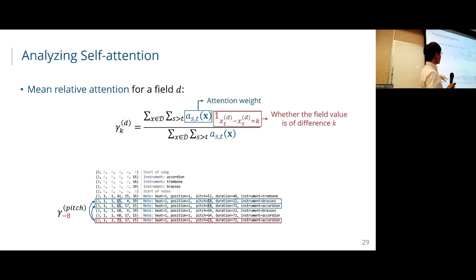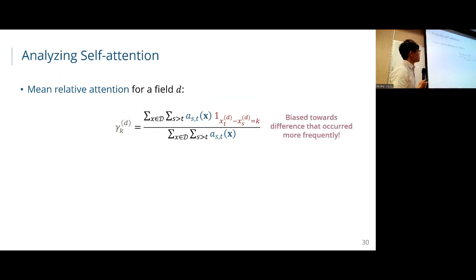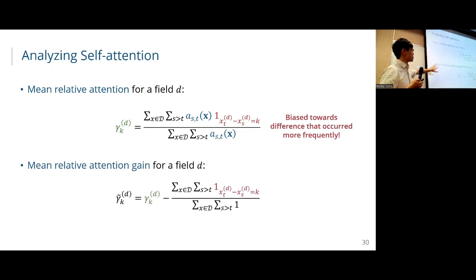These will be accumulated into gamma -8. And we also have different accumulations for different gammas. This has a problem, though: it is biased towards differences that occur more frequently. So we also adjust for that to get the mean relative attention gain.